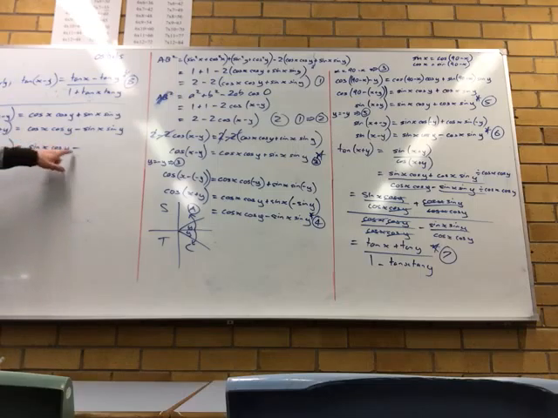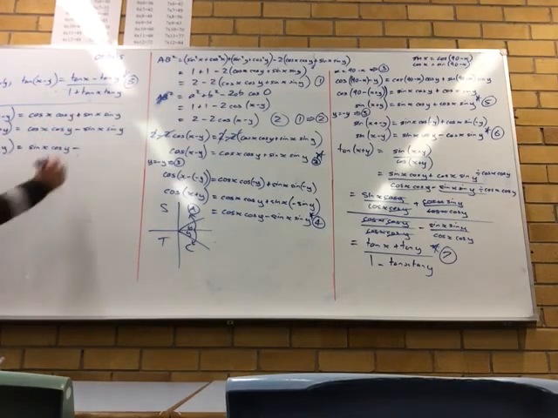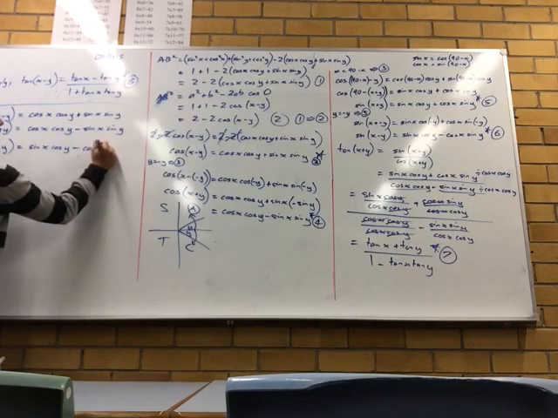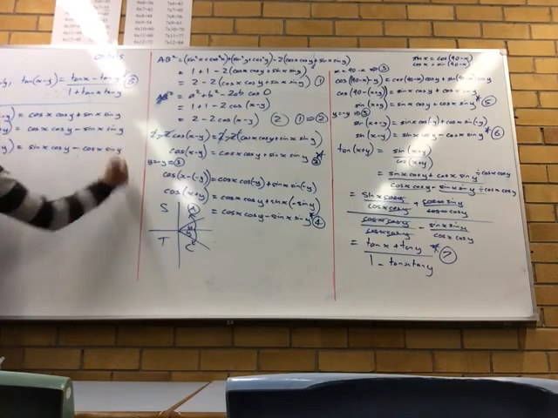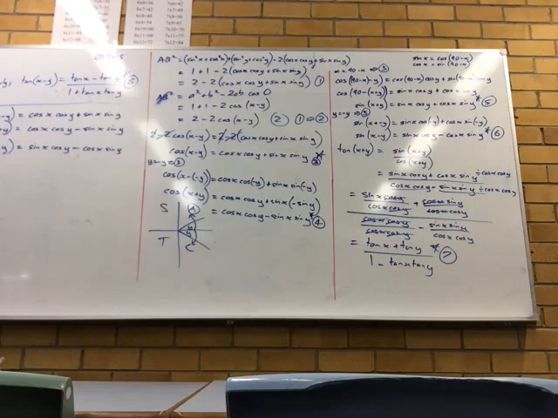So this one will be a takeaway. When you have a cos, they are opposite signs: cos x, sine y. So sine x cos y, minus cos x sine y.